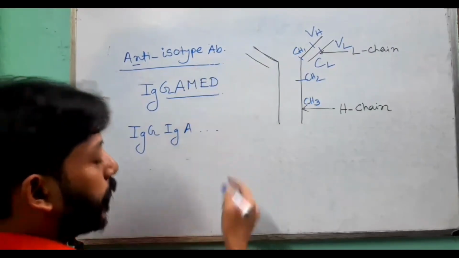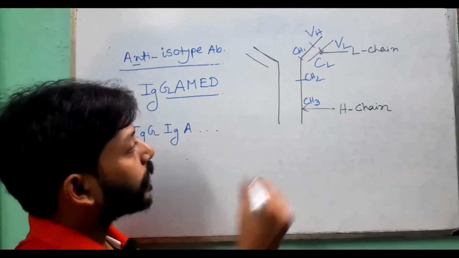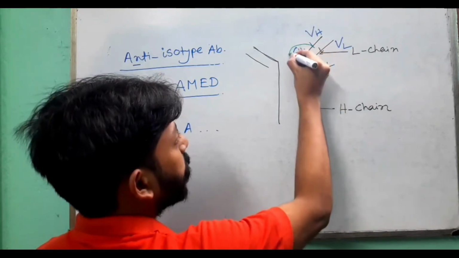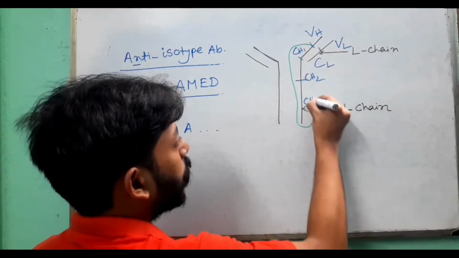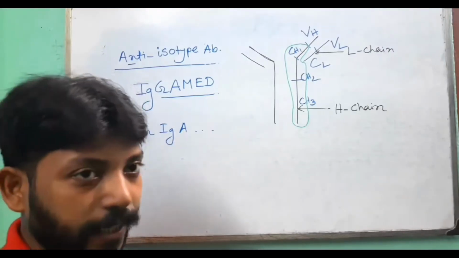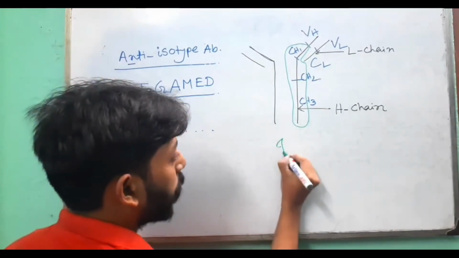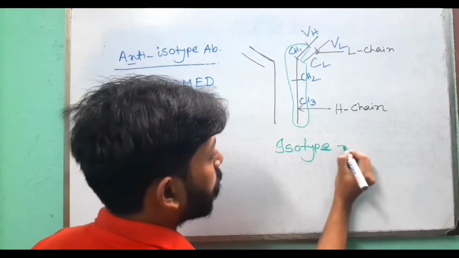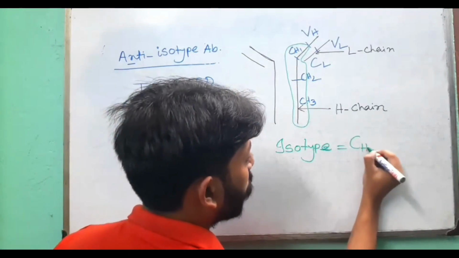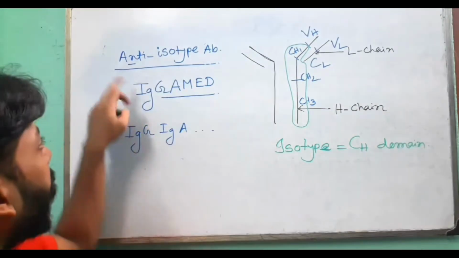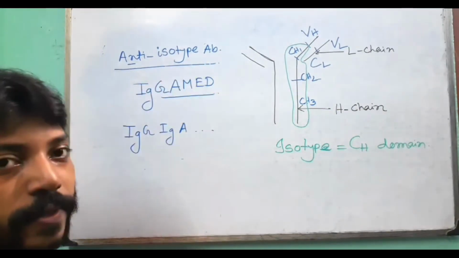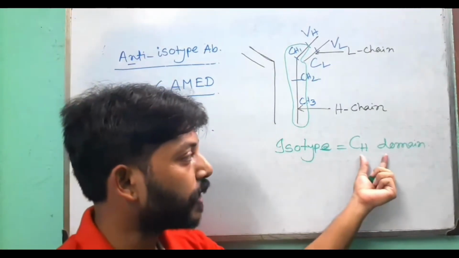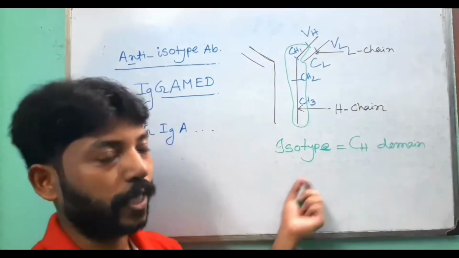Isotypes of antibody differ in the constant region of the heavy chain. So they differ in this region, only this region. So isotypes of antibody differ in the constant heavy chain domain. Anti-isotype antibody means this antibody is against a particular CH domain of an isotype.